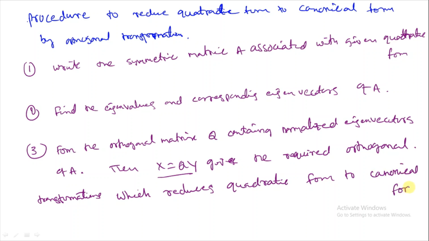This is the procedure. Remember these steps: write the symmetric matrix, find the eigenvalues and eigenvectors. This transformation reduces the quadratic form to canonical form.